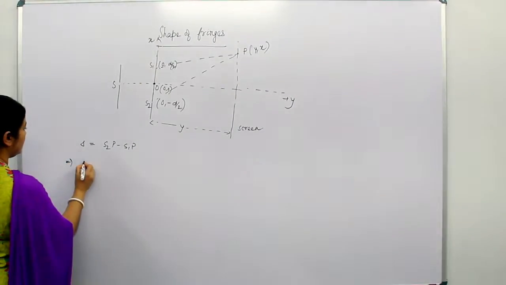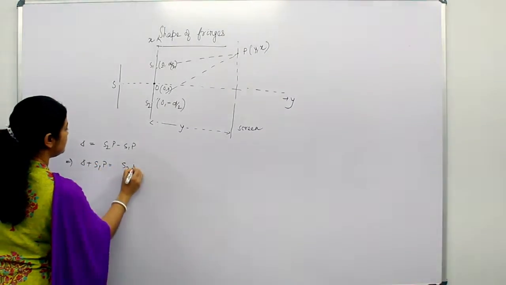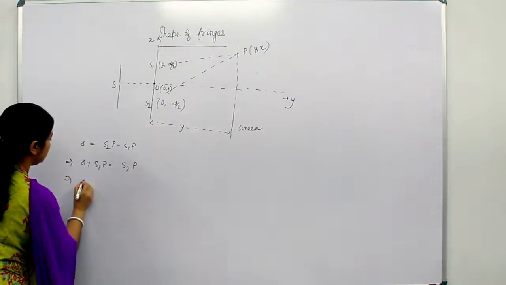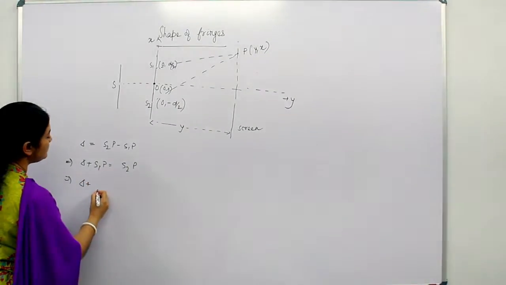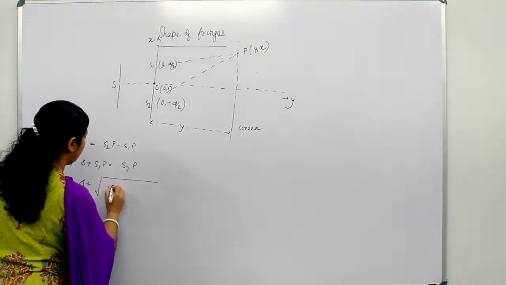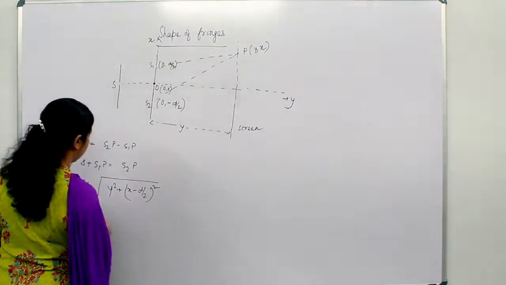This gives delta plus S1P is equal to S2P. What is S1P? S1P will be equal to root over of y square plus x minus d by 2 square.